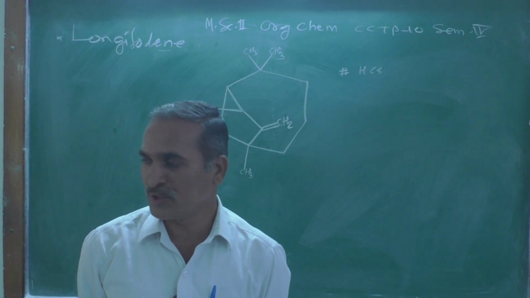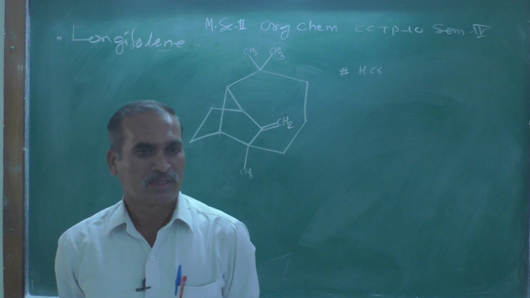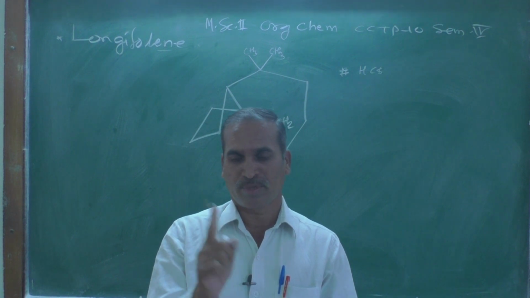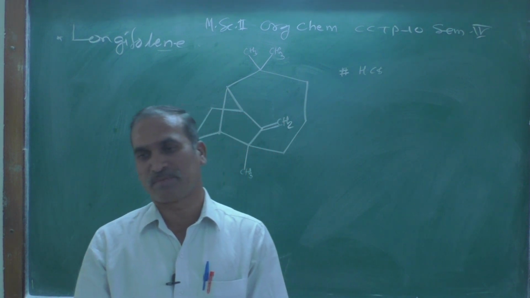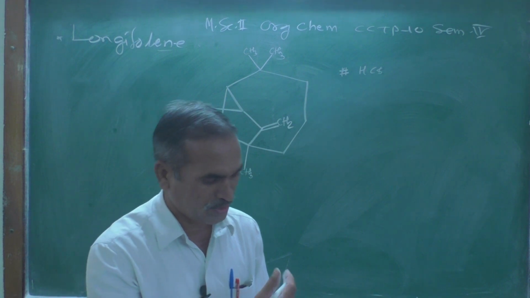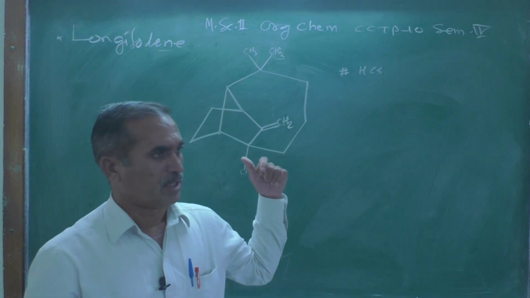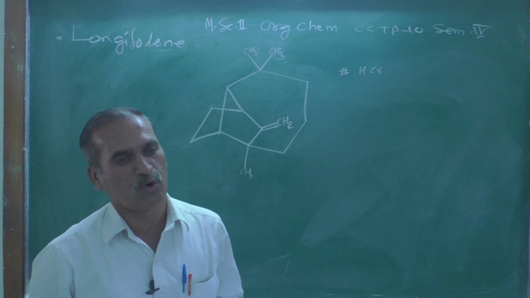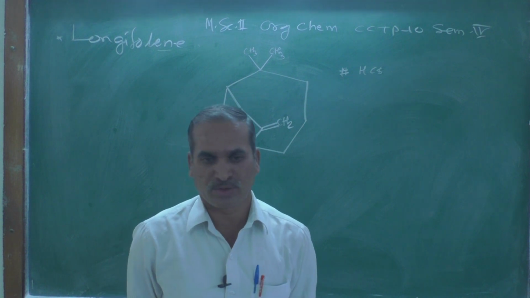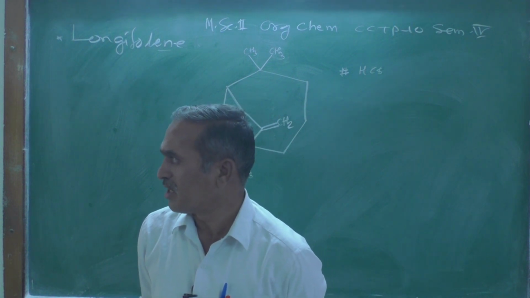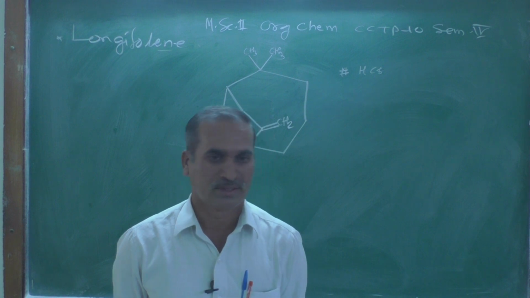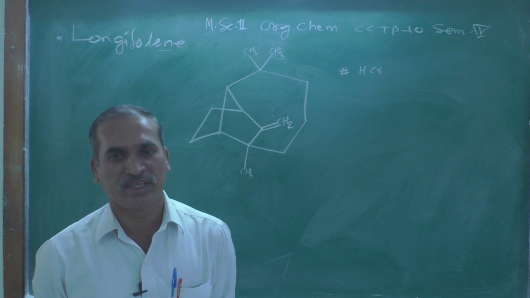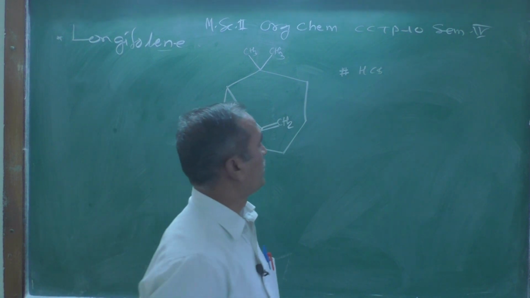As we know, hydrocarbons are organic compounds made of carbon and hydrogen only. Observe this structure carefully: only carbon and hydrogen atoms are present, and therefore this is one of the important features of this olefin. It is a hydrocarbon.